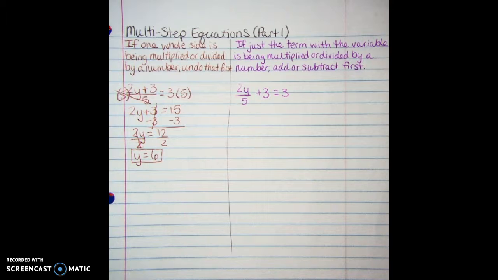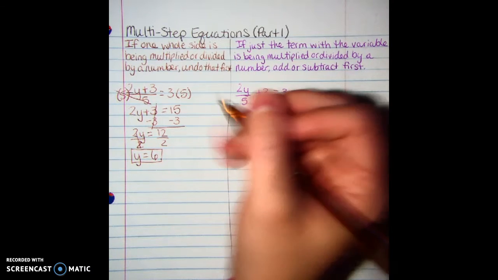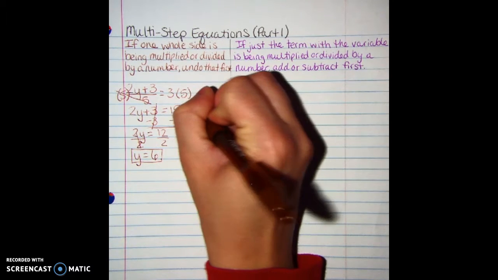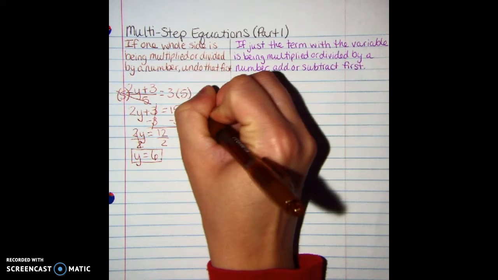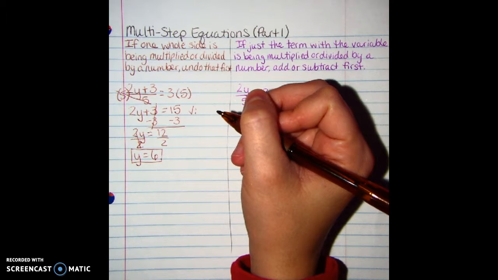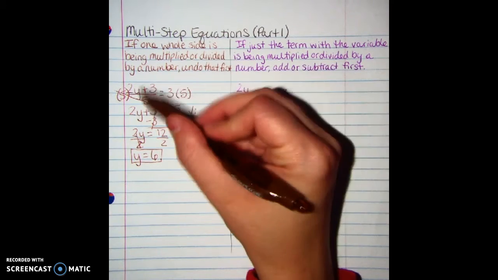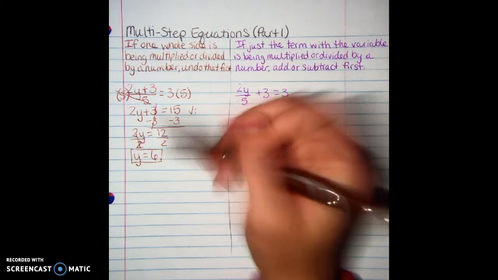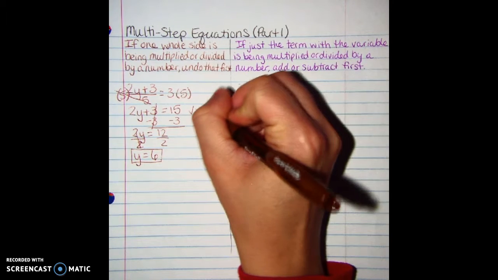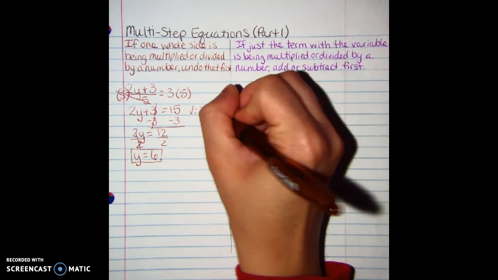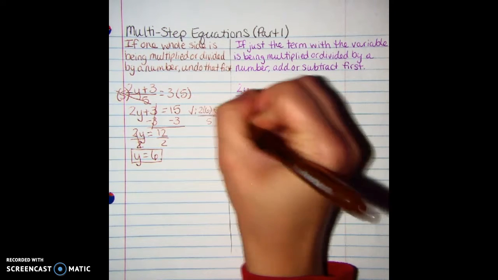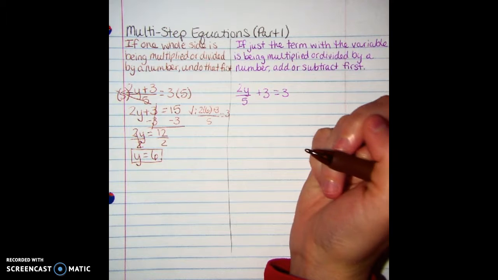And yes, we do get to check our answer. I know that you're super excited about that. So I'm going to do my check right here. For the check, some of you didn't do it correctly yesterday. So for the check, you need to write this whole original problem, but instead of y, I'm going to put in times 6. So 2 times 6 plus 3 divided by 5 equals 3.